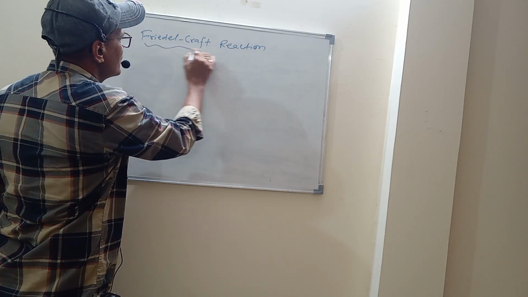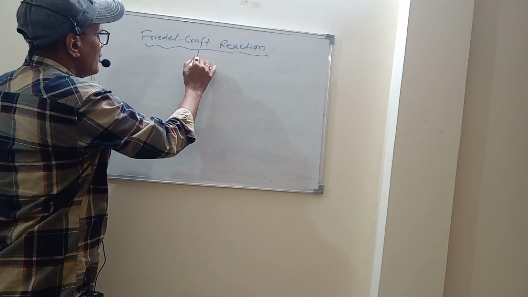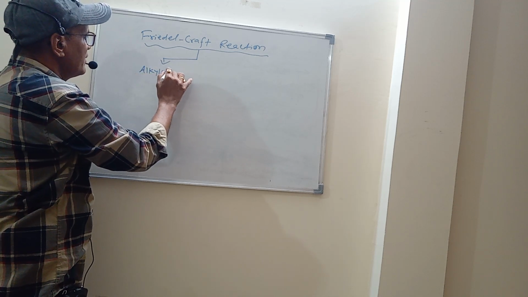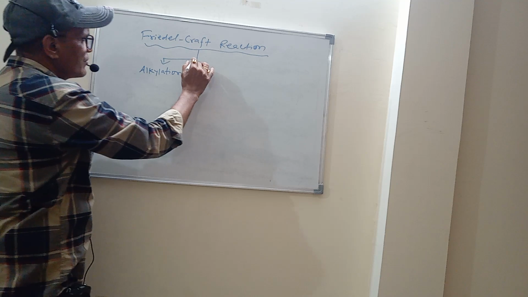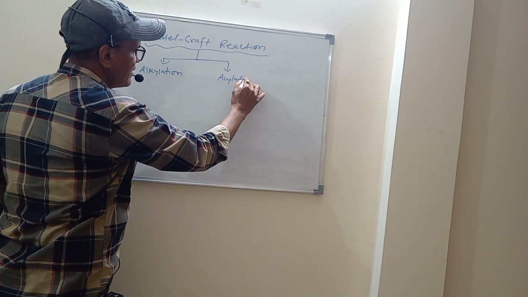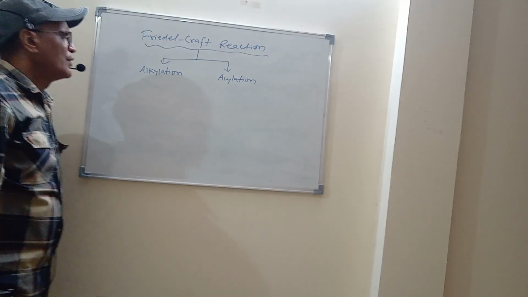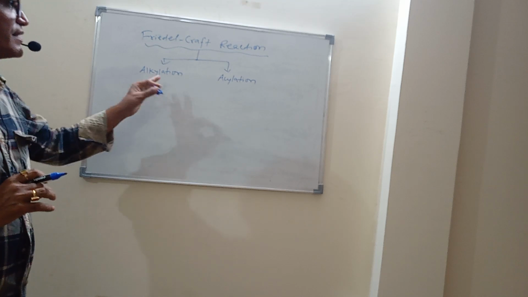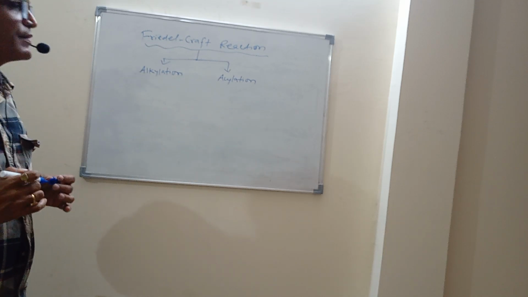This is in two portions. One is alkylation, that is alkyl group is attached to the benzene ring, and another one is acylation. So two different examples we have in this case, alkylation and acylation.